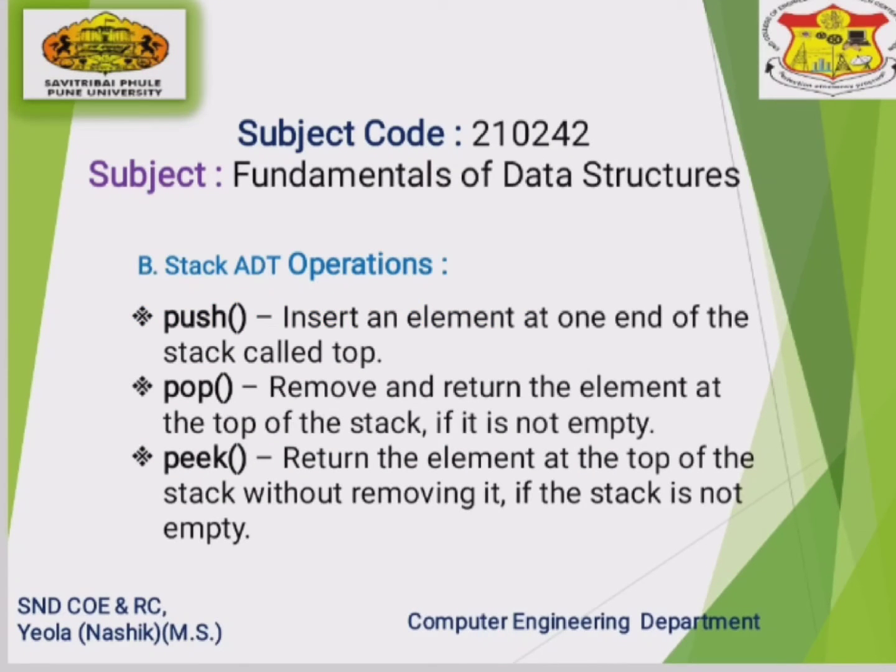Second is stack ADT operations. First, push. Insert an element at the end of the stack called top. Second, pop. Remove and return the element at the top of the stack if it is not empty. Third, peek. Return the element at the top of the stack without removing it if the stack is not empty.